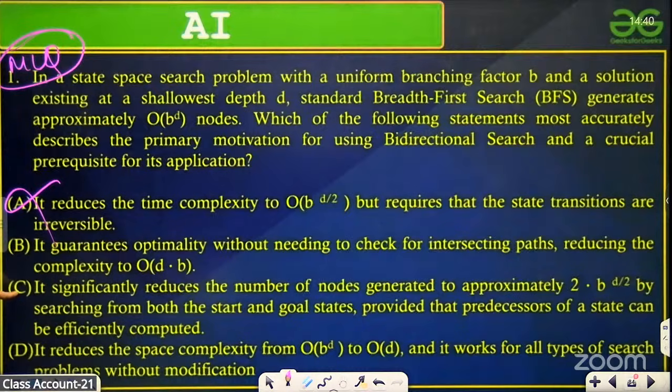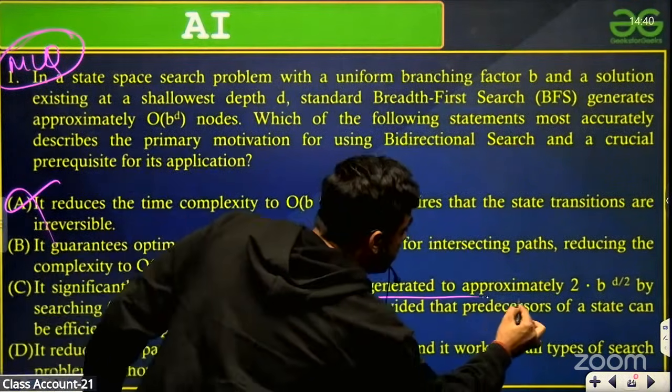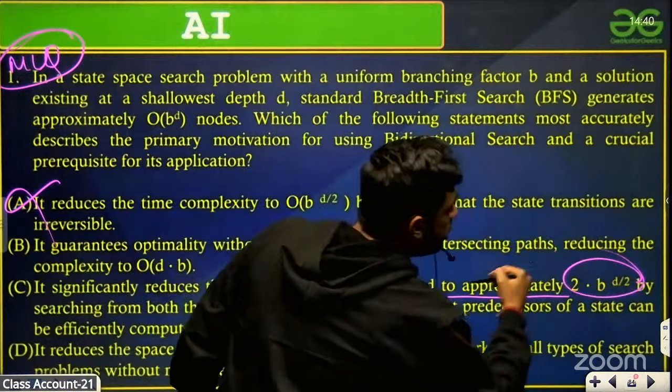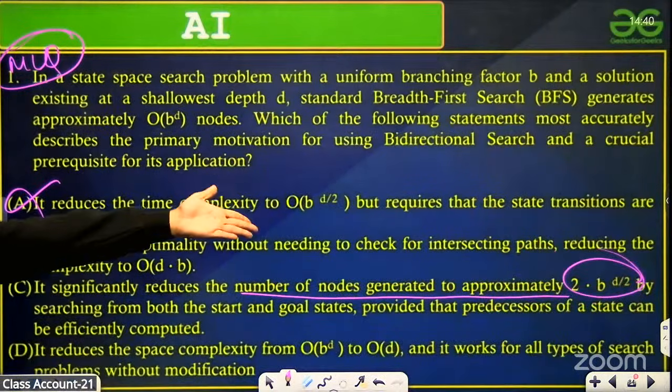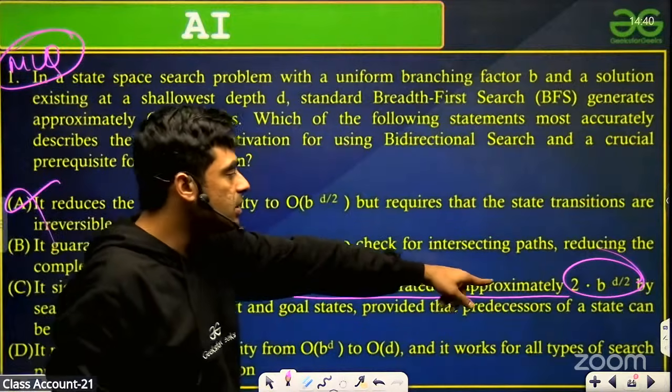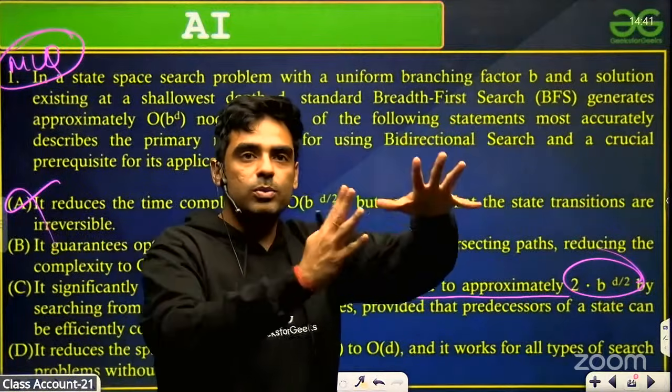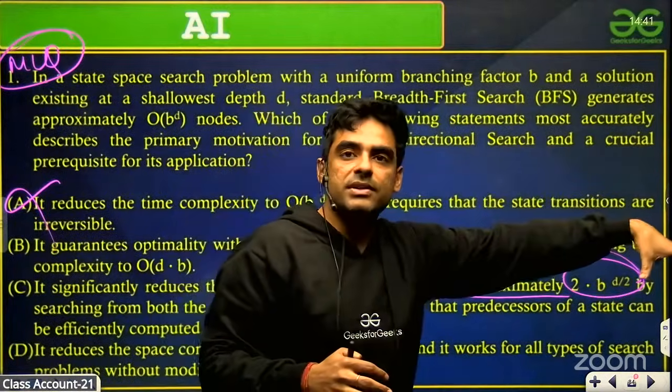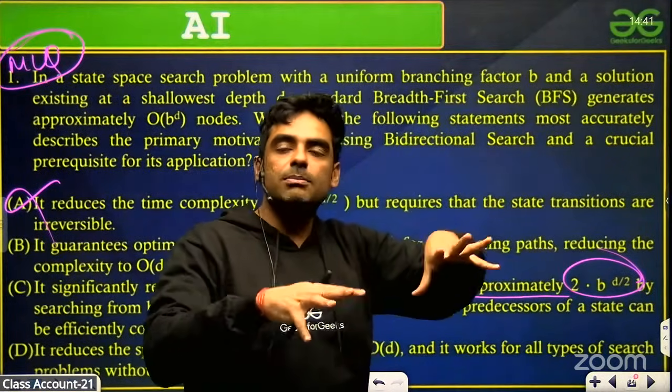Now if you see option C, it significantly reduces the number of nodes generated to approximately 2 into b to the power d by 2. This is correct. During the forward search, half the number of nodes would be generated, and during the backward search, half the number of nodes would be generated.